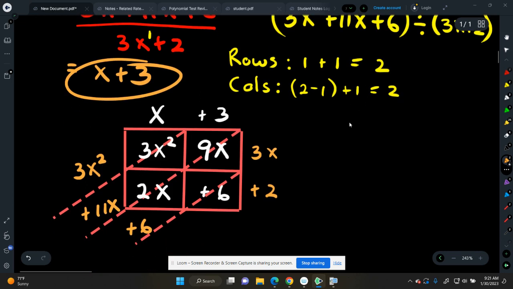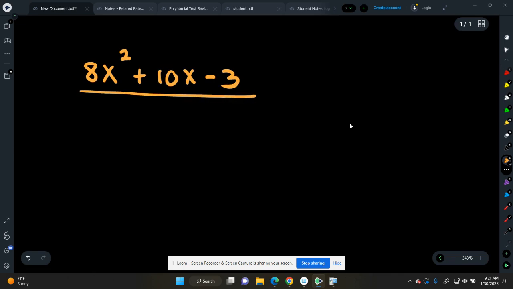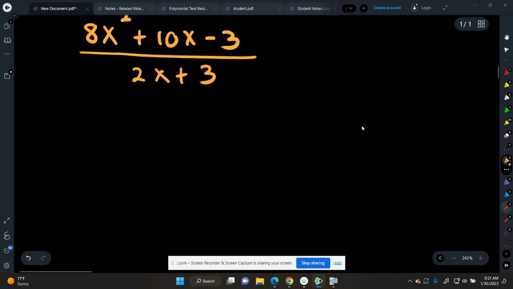Okay, let's do another one. So we have 8x squared plus 10x minus 3 divided by 2x plus 3. Right, this is a 2 by 2. I already told you that. These are all 2 by 2s.